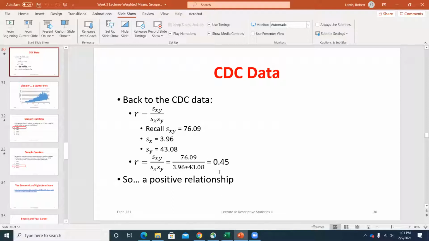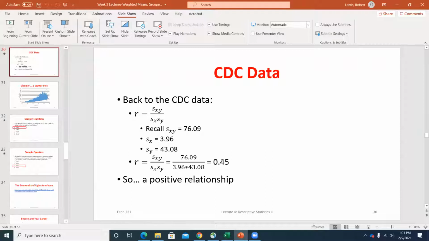We said that gives us a unitless, scaled measure of the relationship between our X and Y variables. In this case, it was height and weight. So we said 0.45; the strongest relationship is 1, the weakest is 0, so it's somewhere in the middle. But at least it gives us something that we can compare across different types of relationships.